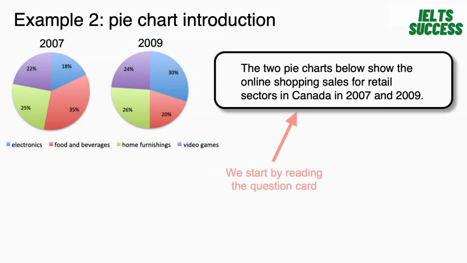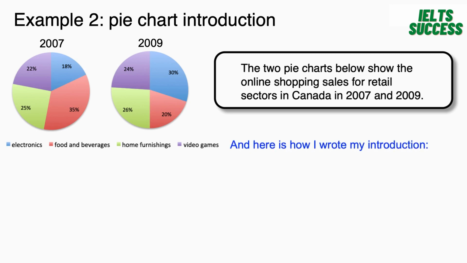As usual, we start by reading the question card. The two pie charts below show the online shopping sales for retail sectors in Canada in 2007 and 2009. And here's how I wrote my introduction.